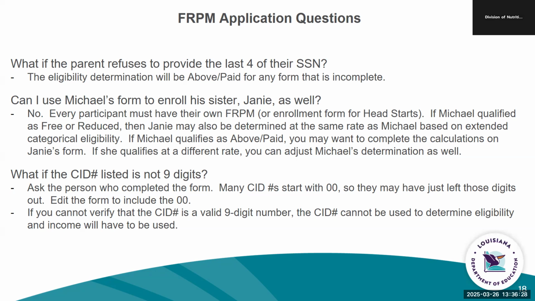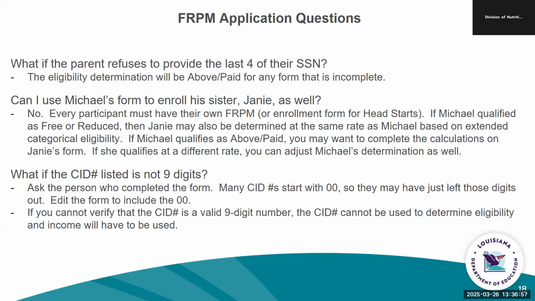So continuing on, what if your parents refuse to put the last four of their social security number? Eligibility that makes them above or paid, for any form that is incomplete. If you're on paper forms, no, you can't include this. You have to have forms for each child enrolled. And if they list a CID number that is not 9 digits, ask them.